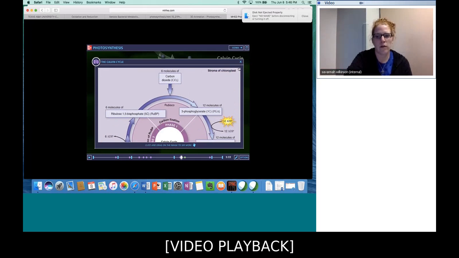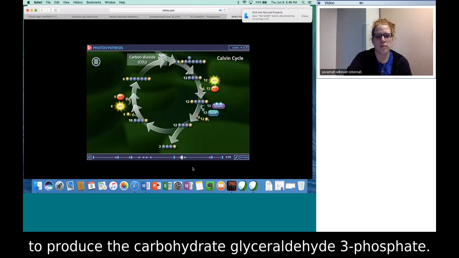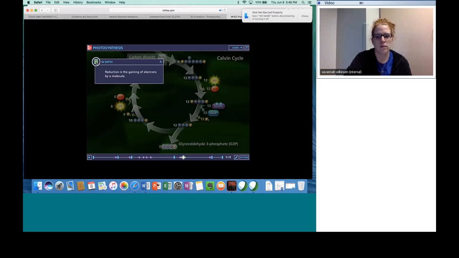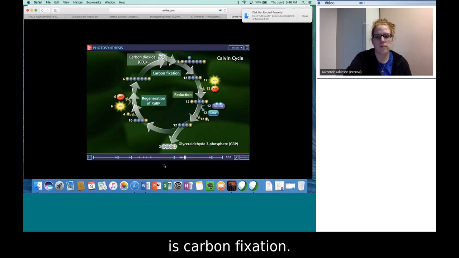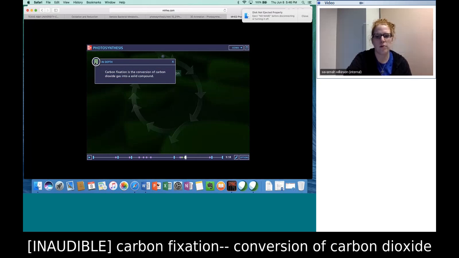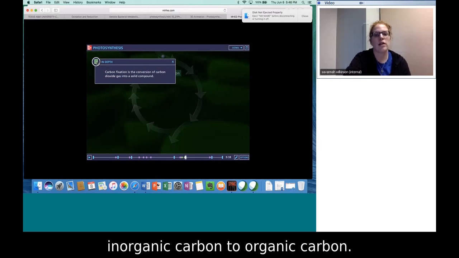The series of reactions that reduce carbon dioxide to produce the carbohydrate glyceraldehyde 3-phosphate. Oh, okay. I already talked about reduction. The cycle consists of 3 steps, the first of which is carbon fixation. Carbon fixation is the conversion of carbon dioxide gas into a solid compound, inorganic carbon to organic carbon.